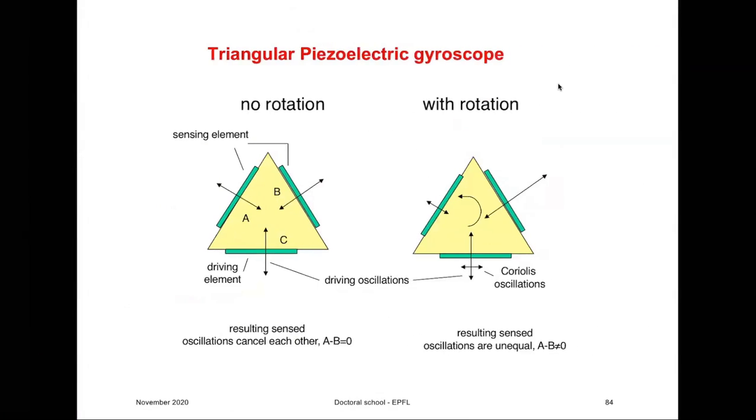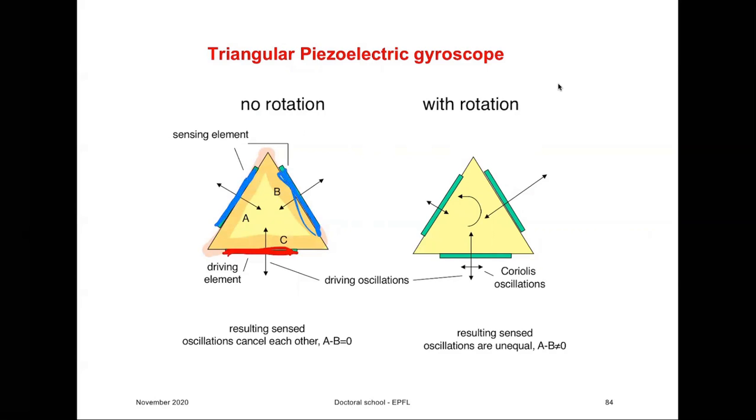So how does it work? Imagine that we have this pyramid prism made of very perfect elastic material that can be quartz glass, and then you have two types of piezoelectric transducers. One is the driving element and will produce the driving signal, and the two others are receptors.